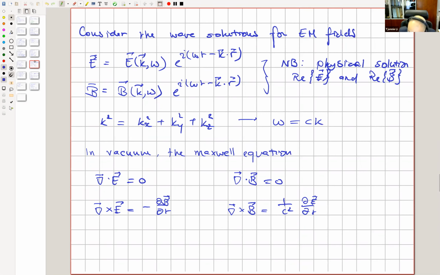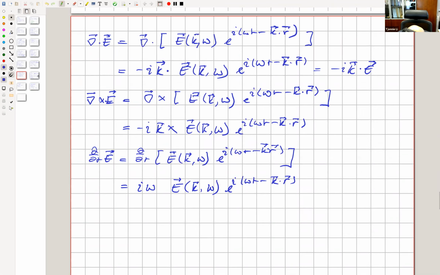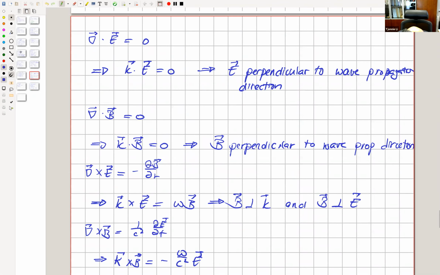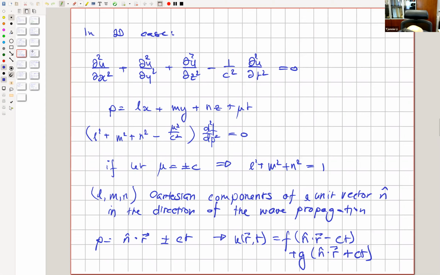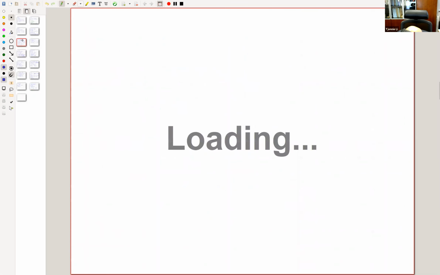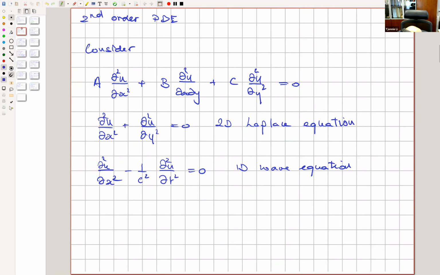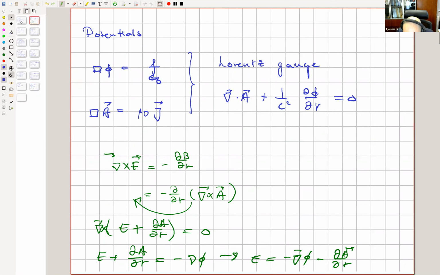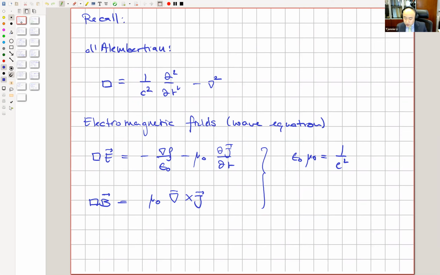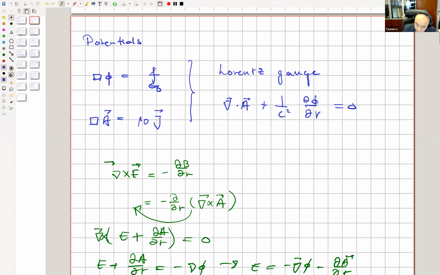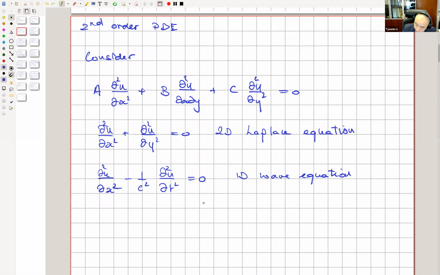Because when we assumed, let's see, here we go. First equation, very first equation. So here, even in vacuum, right, when the right-hand side of these are zeros, which is the wave equation that we ended up solving here.